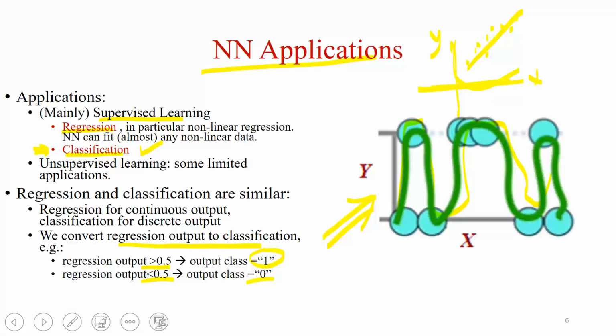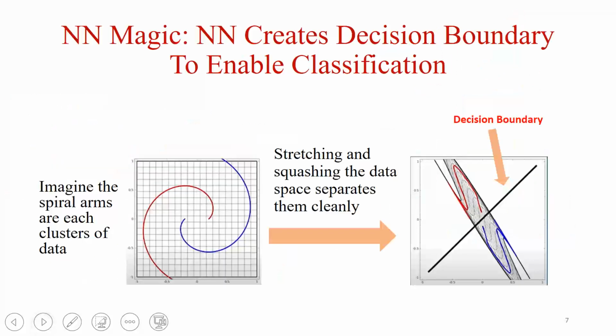Okay, so let's move on. I've seen in one of my references an interesting explanation of neural networks. It says that when you train a neural network and fine-tune the weights, what it really does is stretch and squash the data space.